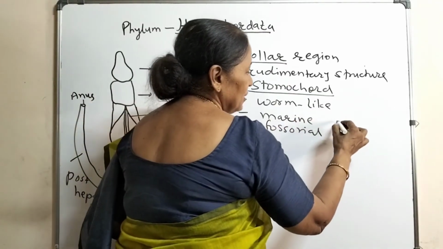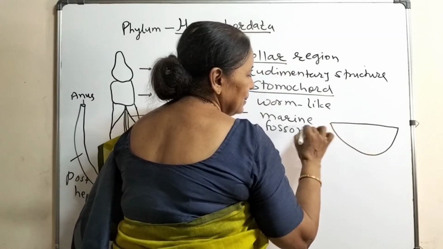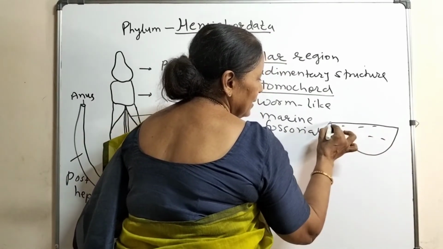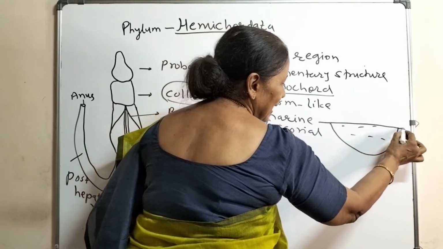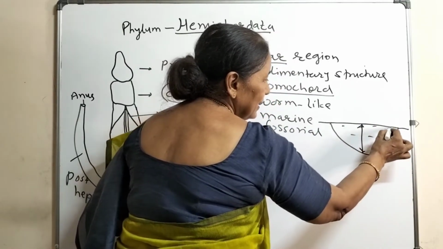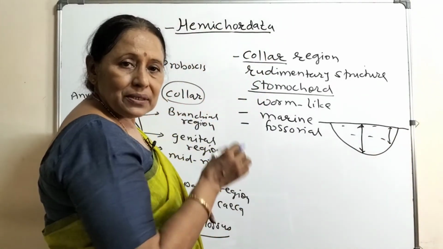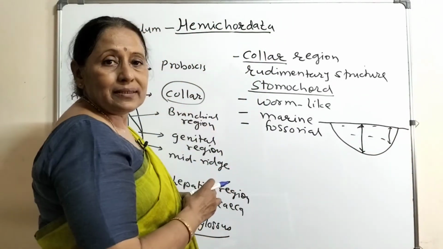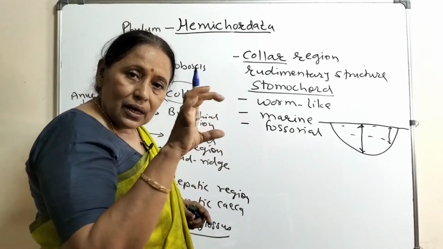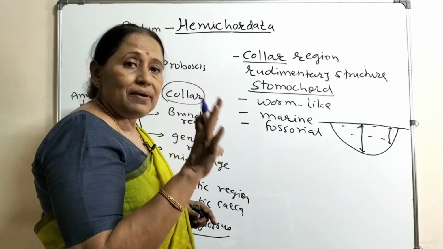Suppose this is the ocean, this is the water and this side is the land, so this is the deep water and here is the shallow water. In shallow waters, these hemichordates dig a U-shaped burrow, and in that burrow they live lifelong.